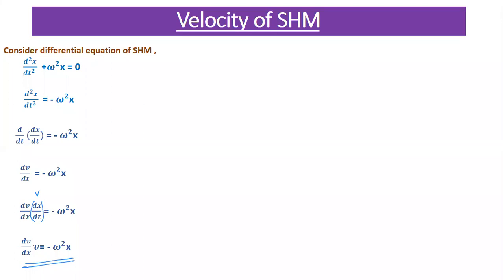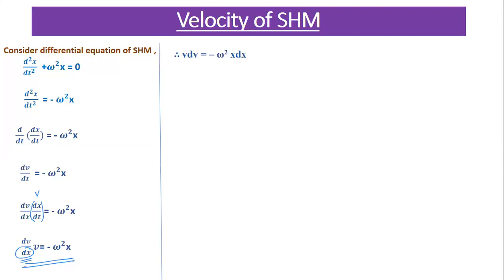Now we transfer this dx to the right hand side. Here it is divided, on that side it is multiplied. So we get v dv is equal to minus omega square x dx. By using this formula, we have to obtain v, the velocity in SHM.